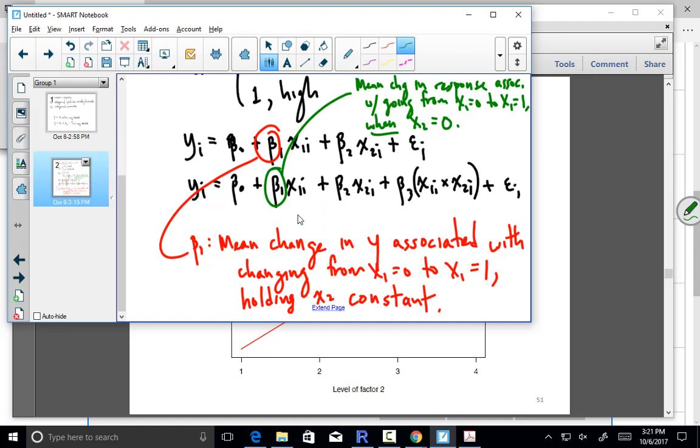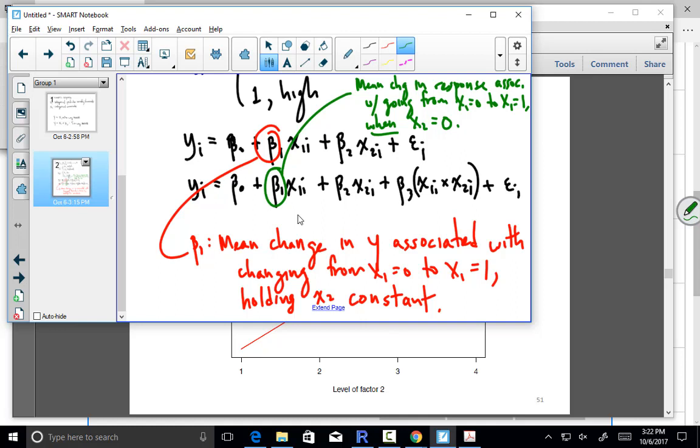So question, what's the difference between green and red? And in the red, I said this is holding x2 constant. And in the green, I said when x2 is 0, which is also constant. The red is applicable. That interpretation applies regardless of whether you hold x2 constant at 0 or 1.